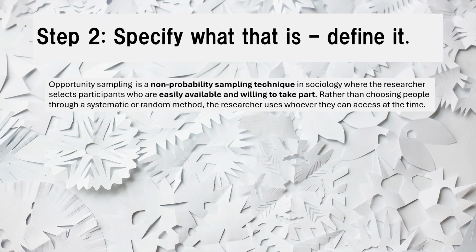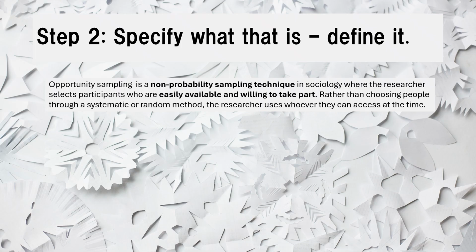Rather than choosing people through a systematic or random method, the researcher uses whoever they can access at the time. So I've specified exactly what the sampling technique is. I've got concepts in there, so I'm on my way to the top band. However, if I was to stop here, it would most definitely be a typical mid-band answer.